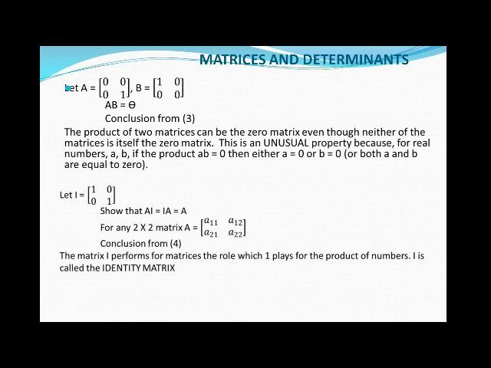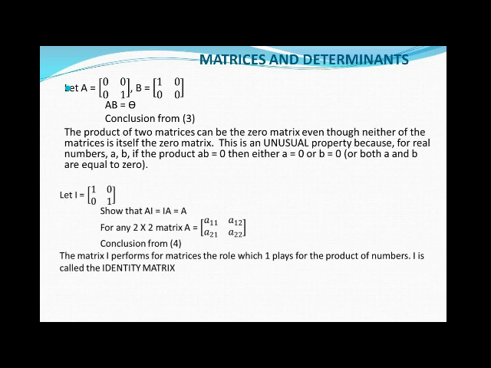Let I be equal to 1, 0, 0, 1. Show that AI is equal to IA and is equal to A. This I is known as the identity matrix because in the leading diagonal we have the entries 1, 1 from the top left hand corner to the bottom right hand corner. For any 2 by 2 matrix, A is equal to A11, A12, A21, A22.